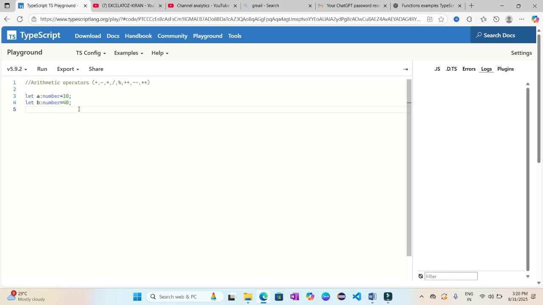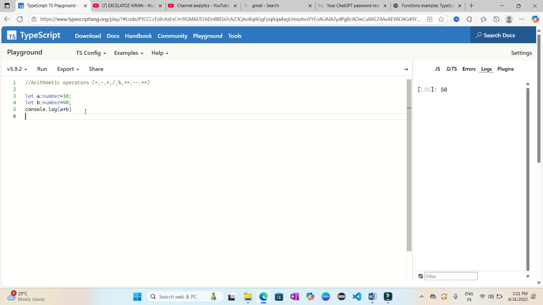Console dot log a plus b. Arithmetic operator plus symbol, 10 plus 40, we will get 50 as output. Now I click on the run button. It is coming, right? 50.